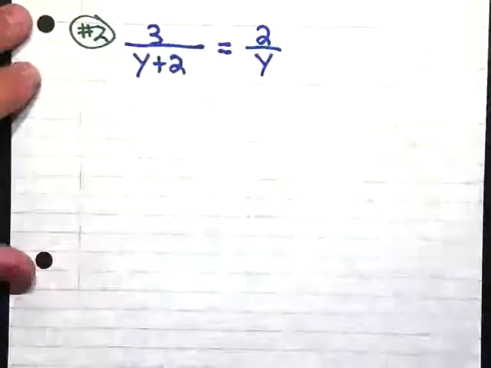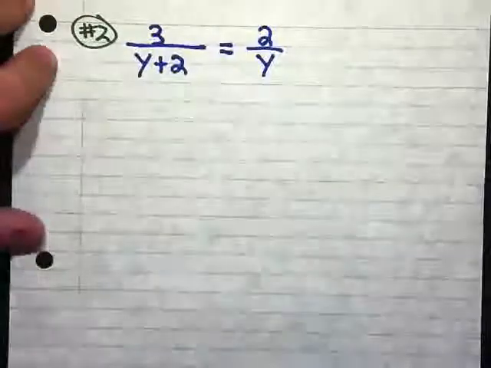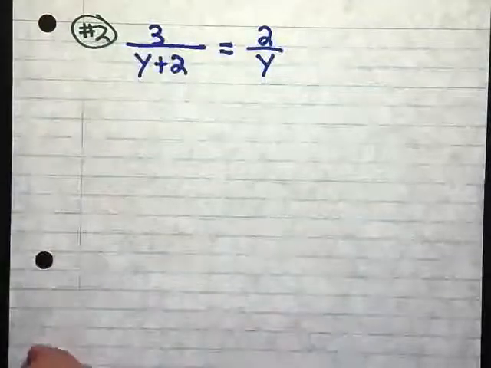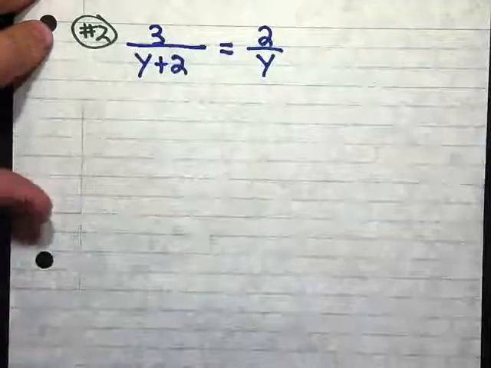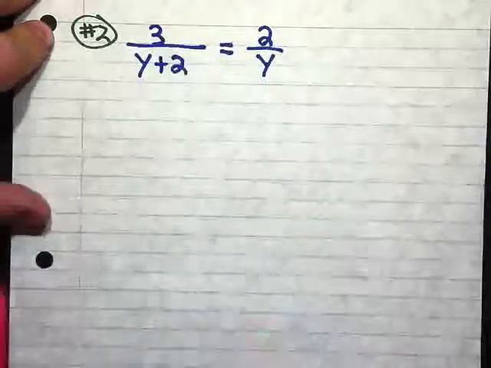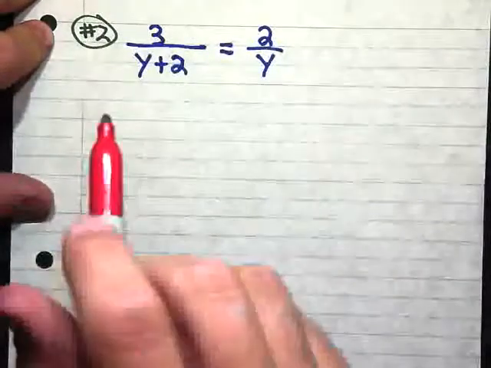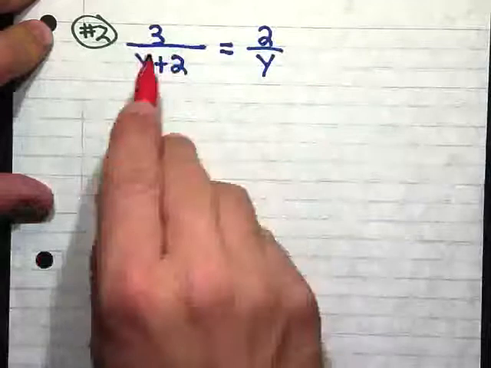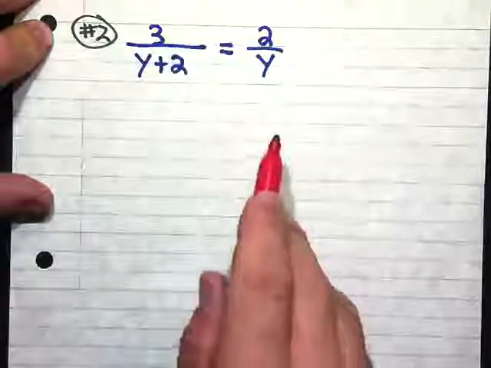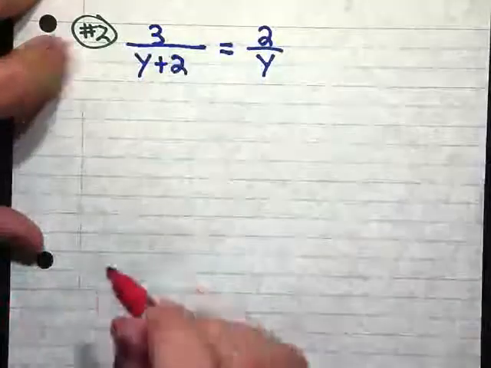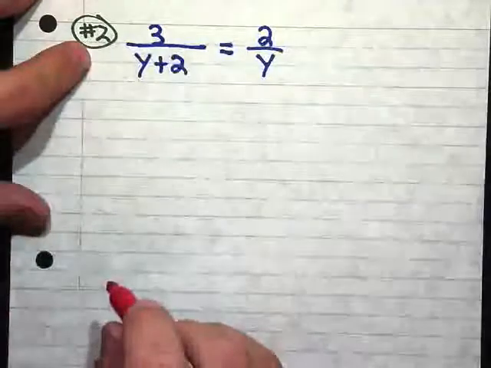This example is a little bit more difficult just because instead of having one variable, we have two. But they are the same variable, which does simplify our life a lot. For this problem, we have 3 over y plus 2 equals 2 over y, and we want to use the cross-product property to solve this.